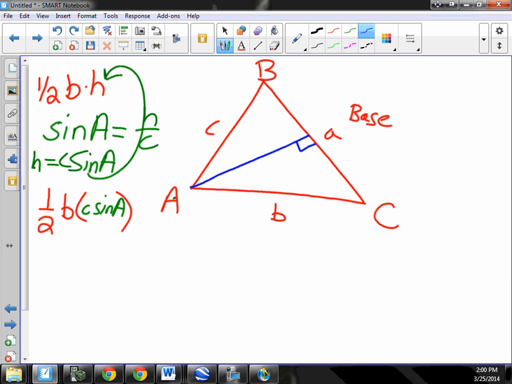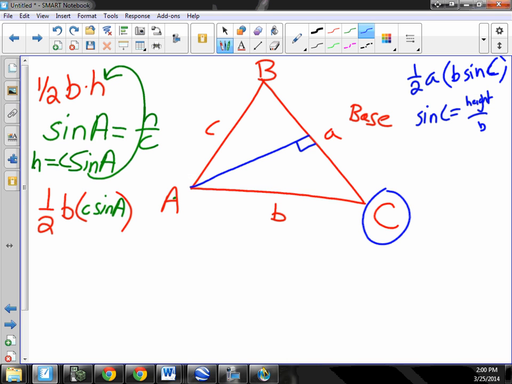So 1/2 A times, well, if I look at angle C, sine of C equals height over B. So you're going to plug in B sine of C, capital C. I'll write that over here. 1/2 A B sine of C.